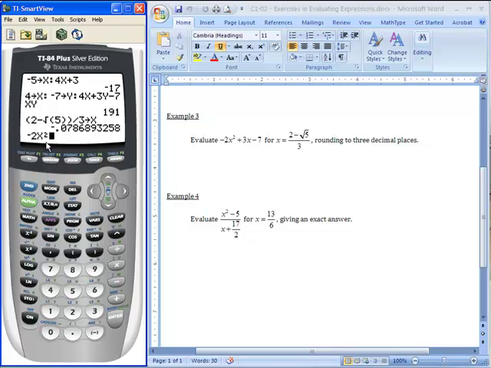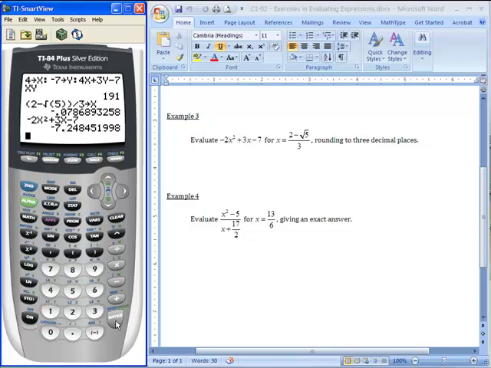So I have negative 2x squared. I'm going to add 3x to it, and then we're going to subtract 7. And I'll press enter, and we'll get the value negative 7.2484519998. If we rounded that to 3 decimal places, as the example requests, that would be negative 7.248.